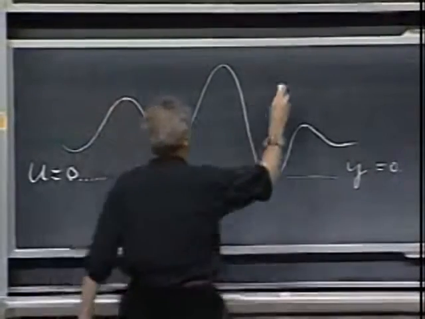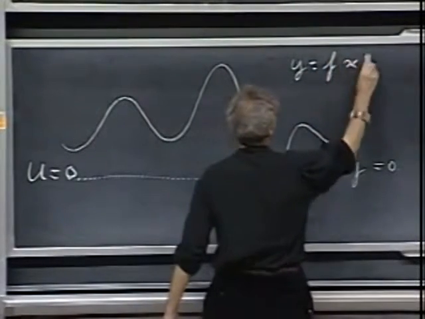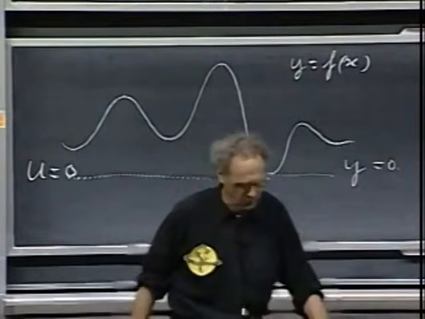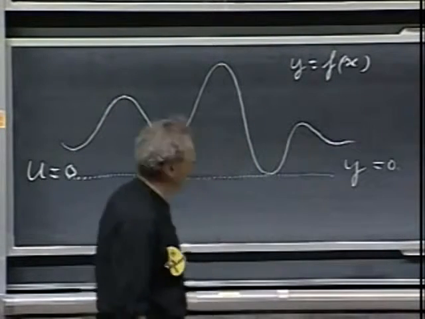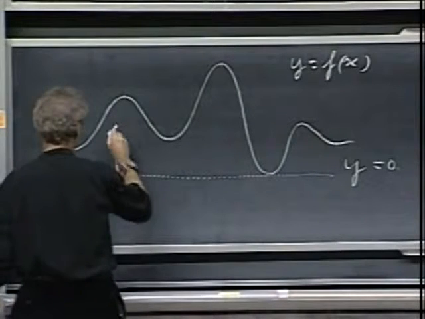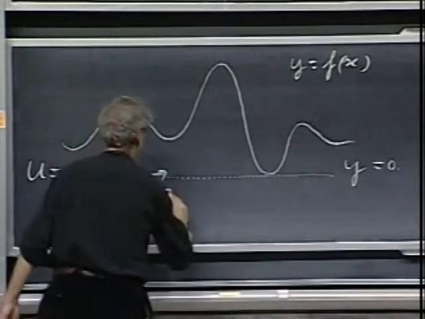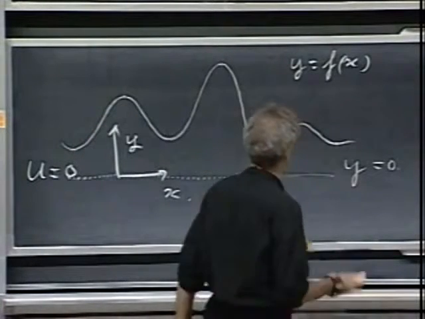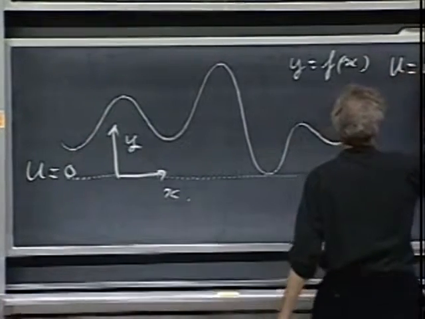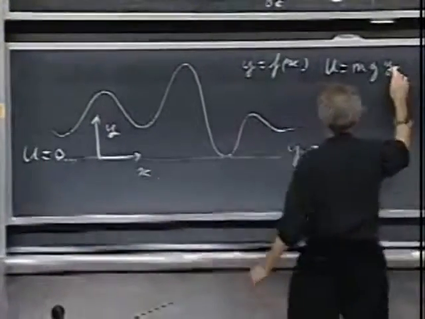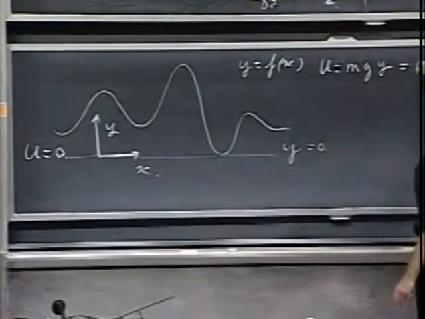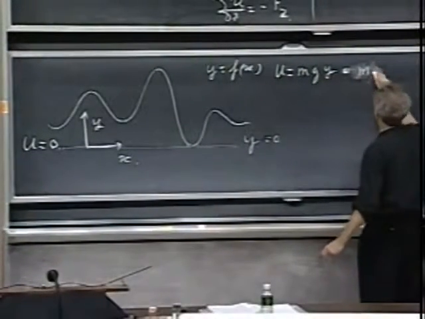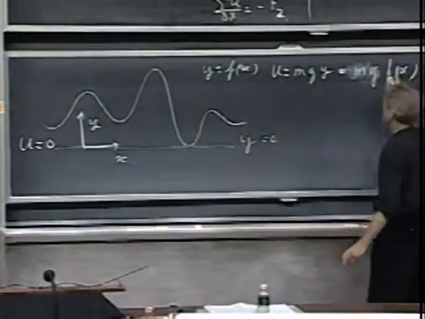So this is y as a function of x, and the curve itself represents effectively the gravitational potential energy. This is y, and this is x. So the gravitational potential energy U equals mgy, but y is a function of x, so that is m times g times that function of x.